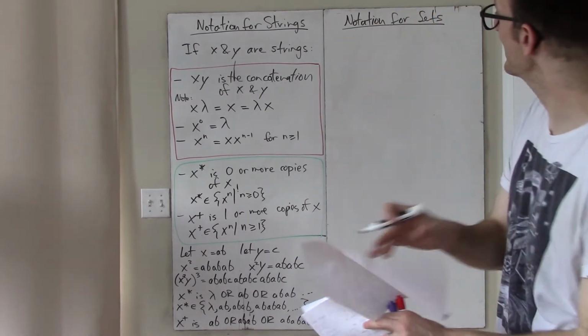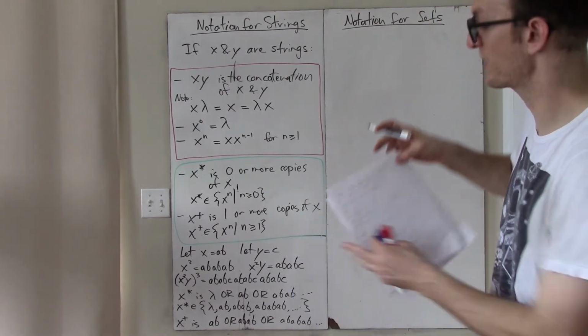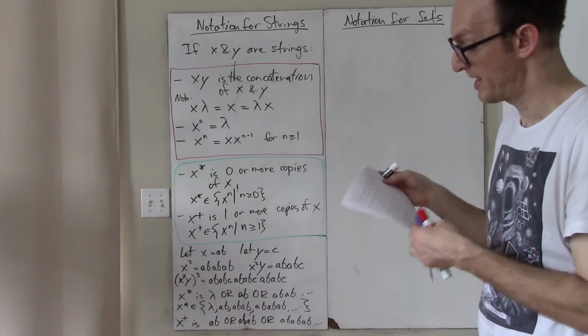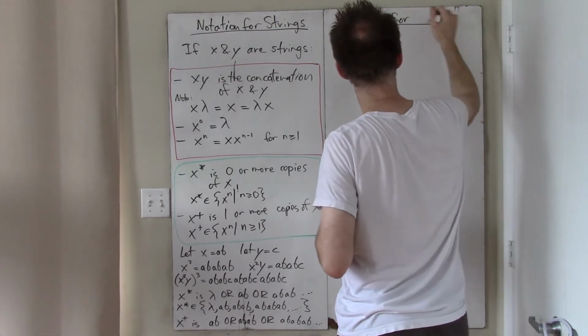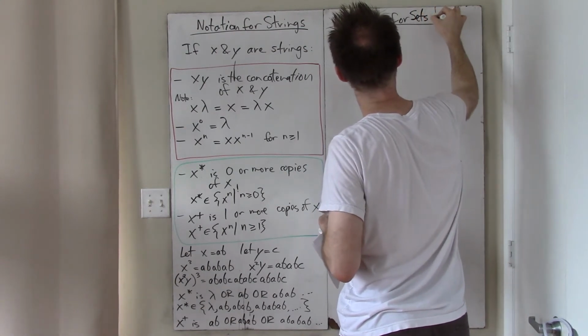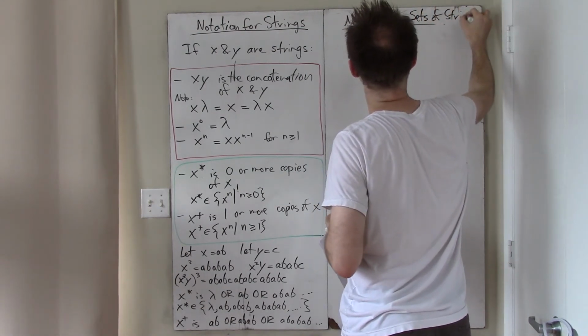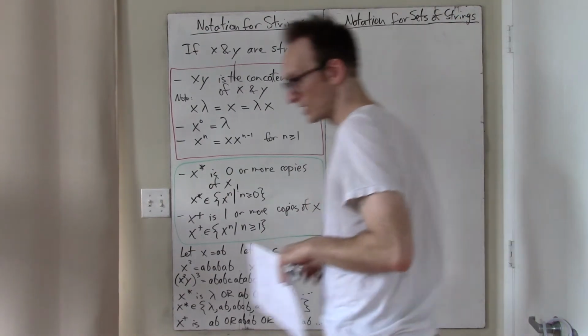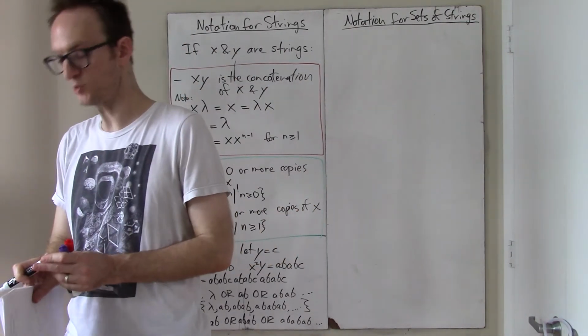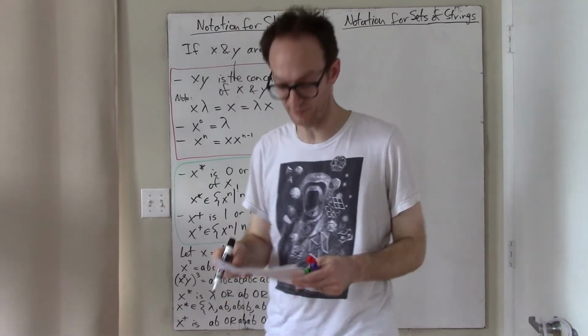All right. So leaving that up there, we also have an extremely similar notation for sets. I should really say sets of strings. The previous notation operates on strings, whereas this notation is going to operate on sets of strings.